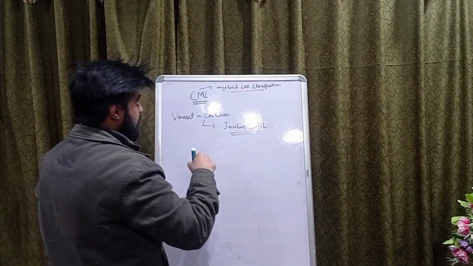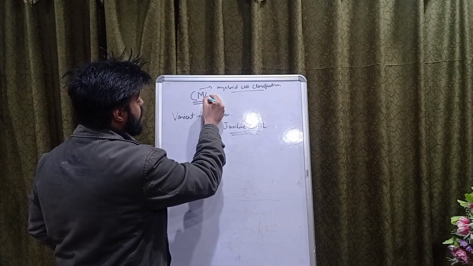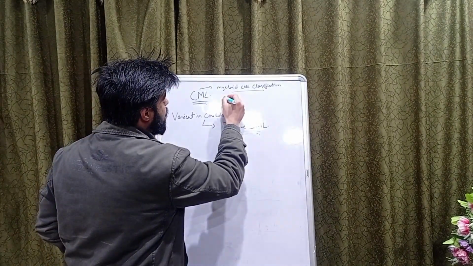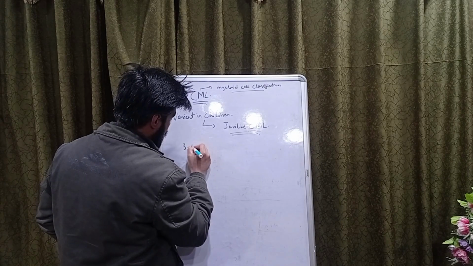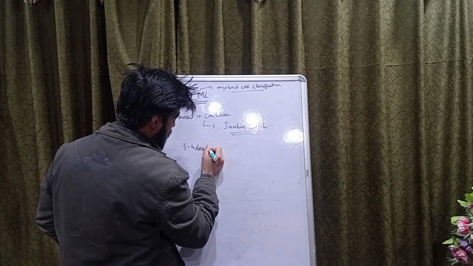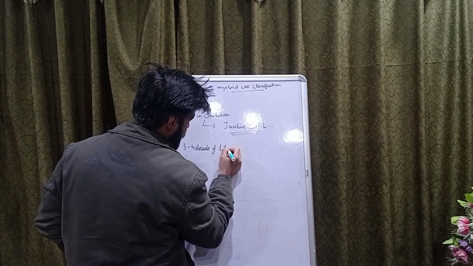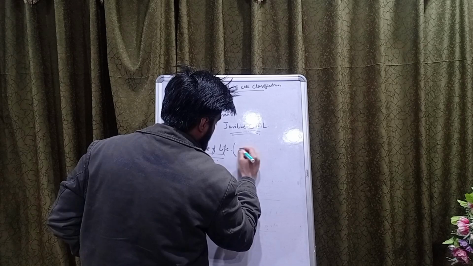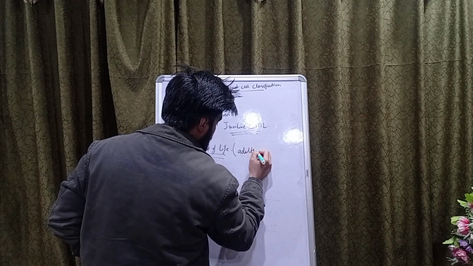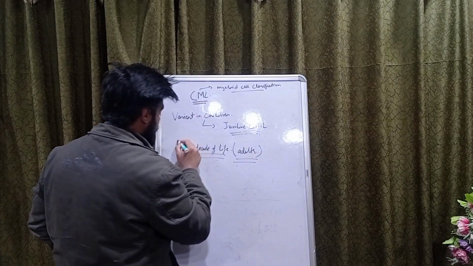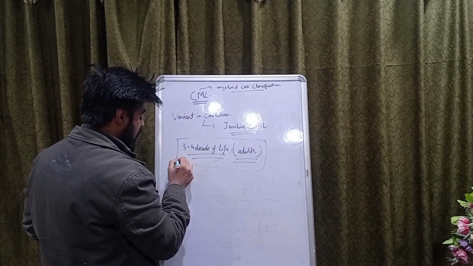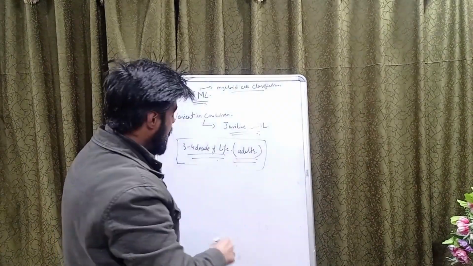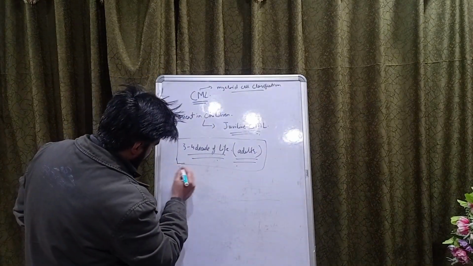But mostly we will be discussing the CML which occurs only in the third to fourth decade of life, that means in adults. We will be discussing this CML, in which the Philadelphia chromosome will also be found. Okay, so now let's come to the clinical features.